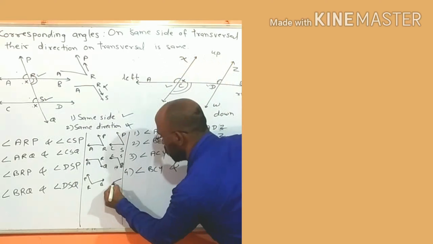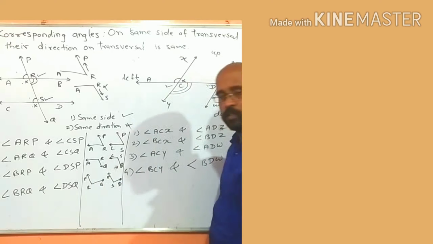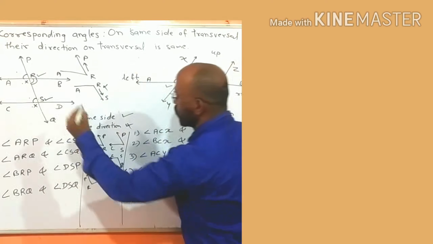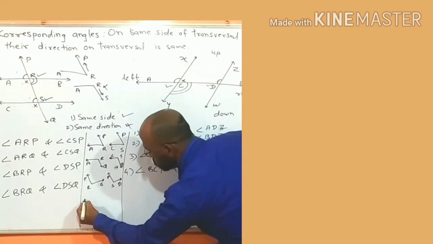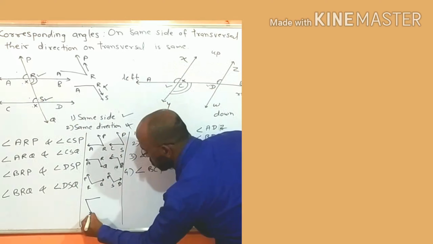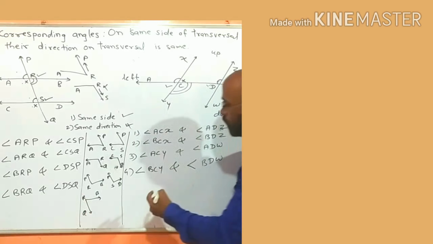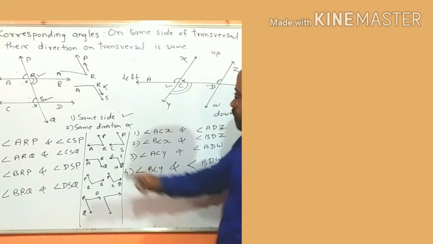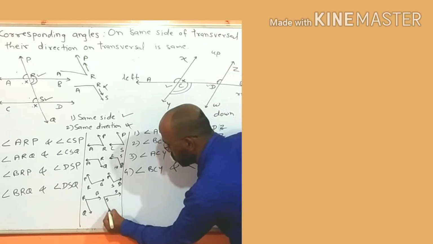So both are symmetrical, looking same. Are you getting it, guys? Next is BRQ. BRQ is this angle, which is like this. So its corresponding angle will also have same orientation, which is DSQ.